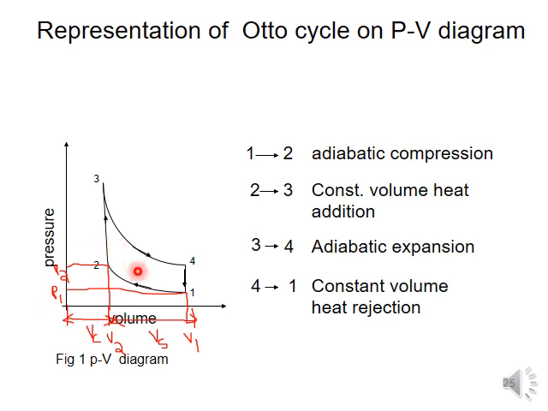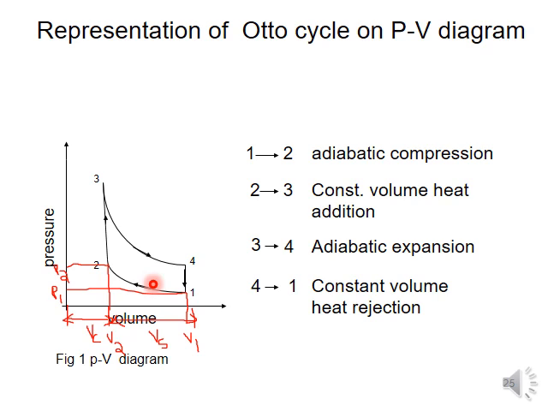There is no heat transfer across the walls of the cylinder, hence there is no change of entropy. So internal energy increased, and the work done on the system is equal to the change in internal energy. We know from thermodynamics that dQ is equal to dU plus dW. Here Q is equal to 0, so the work W is equal to minus dU.